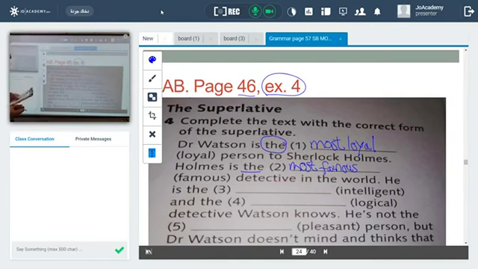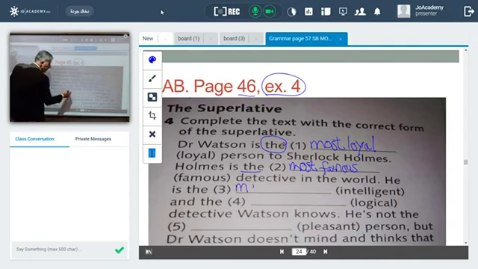He is the most intelligent. Why we use most? Because intelligent is a long adjective.